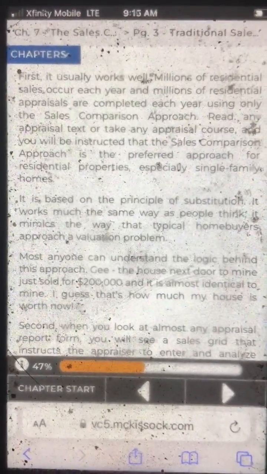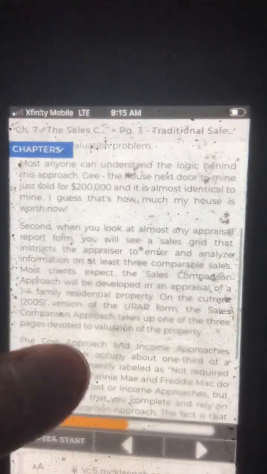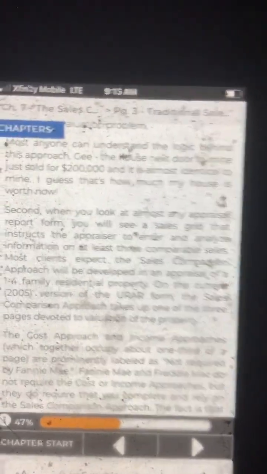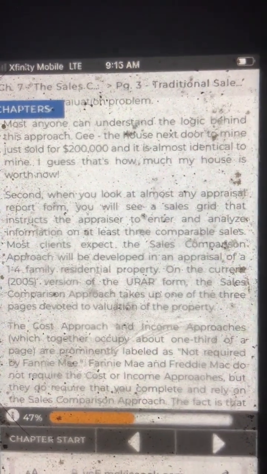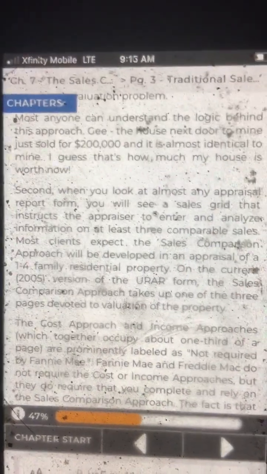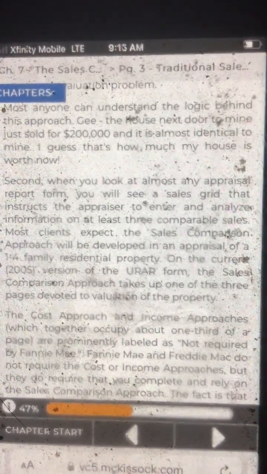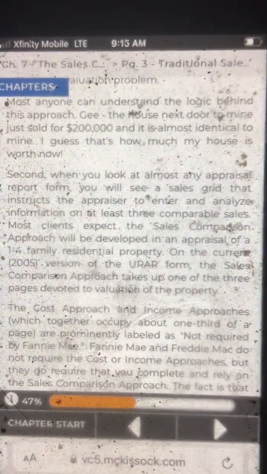It mimics the way that typical homebuyers approach a valuation problem. Most anyone can understand the logic behind this approach. Gee, the house next door to mine just sold for $200,000, and it is almost identical to mine. I guess that's how much my house is worth now.